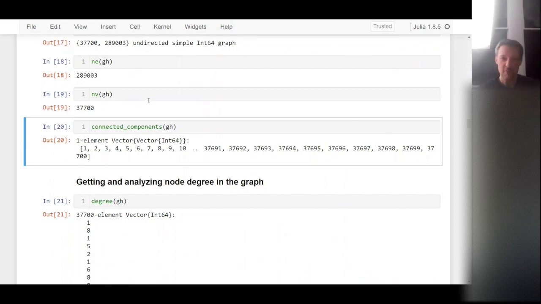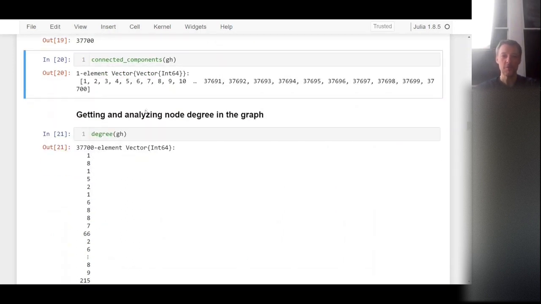Okay, so we know that we have this one connected component. What we want to compute, as you remember, is how many web developer and machine learning developer friends I have. This is connected to the concept of the degree of a node. What is the degree of a node? The degree of a node is in general the number of its neighbors.